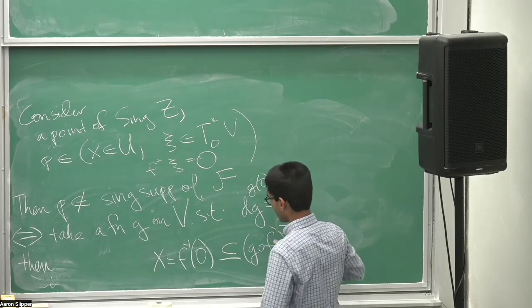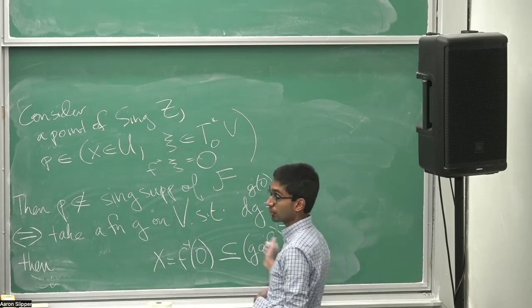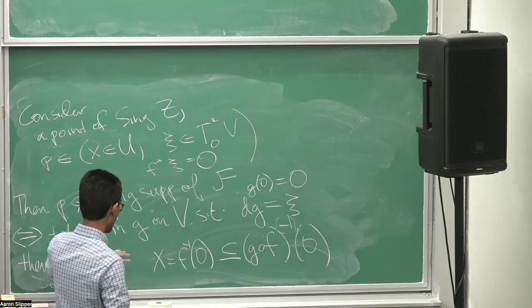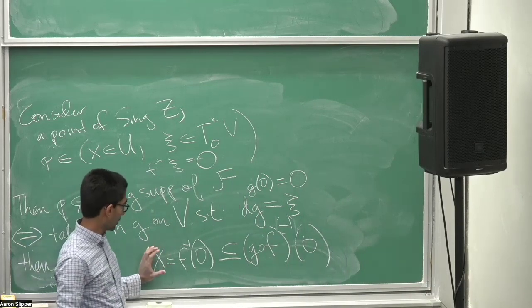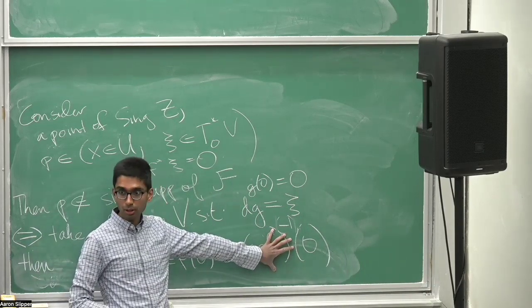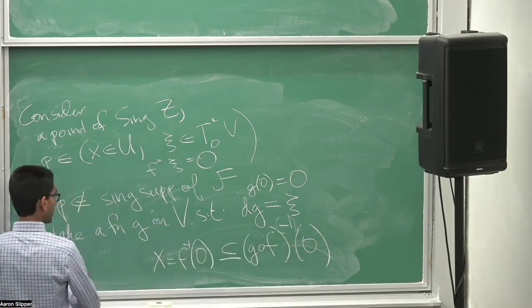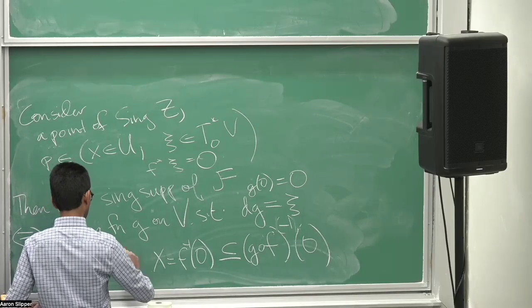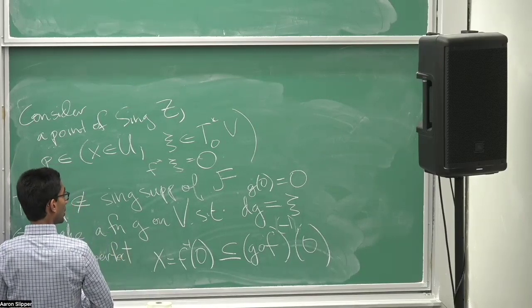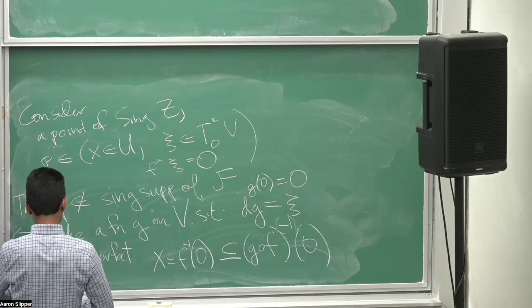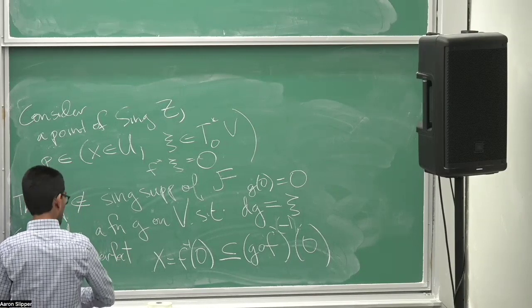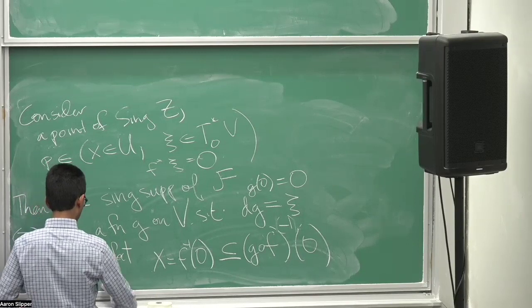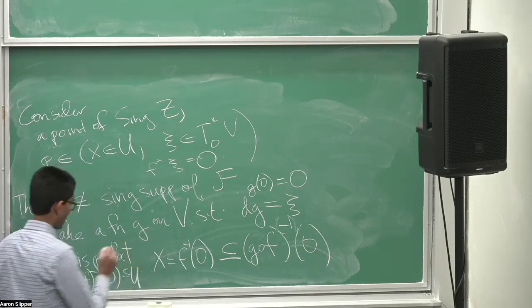This is now a hypersurface inside U, which is singular. And the condition is that F is living on X, but if you push it forward to here, then it needs to be perfect. So F is perfect on the preimage of 0 under G composed with F, which is a singular hypersurface inside U.